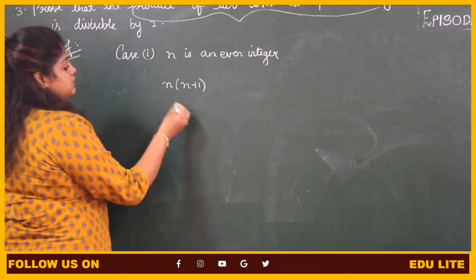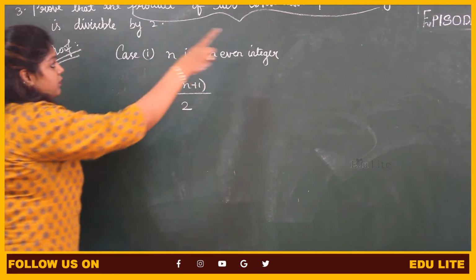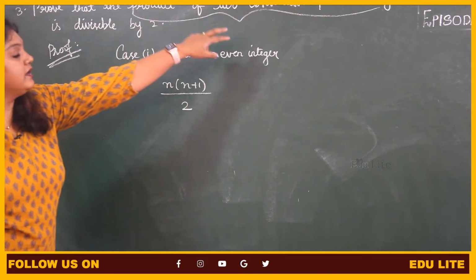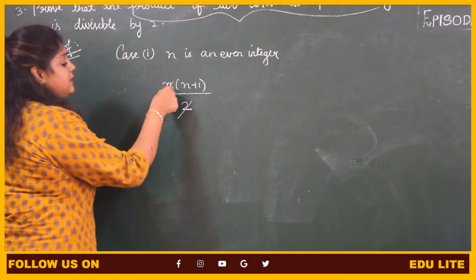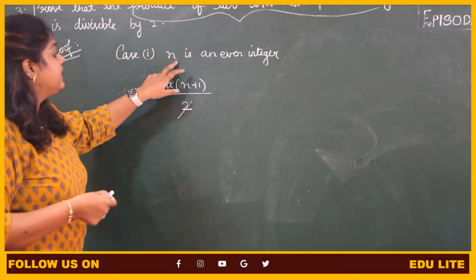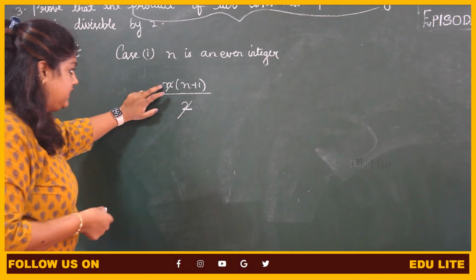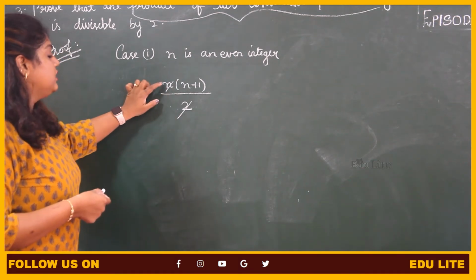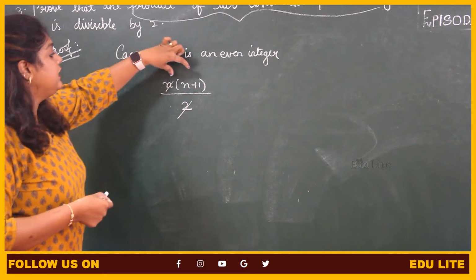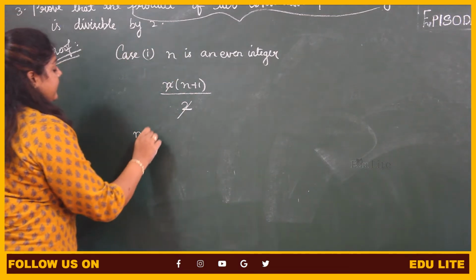So n into n plus 1 divided by 2, that is what we have to check: the product of two consecutive positive integers is divisible by 2. This will definitely be divisible by 2, because here we have considered n as an even integer, and any even integer is divisible by 2. So n is divisible by 2, and n into n plus 1 is divisible by 2.